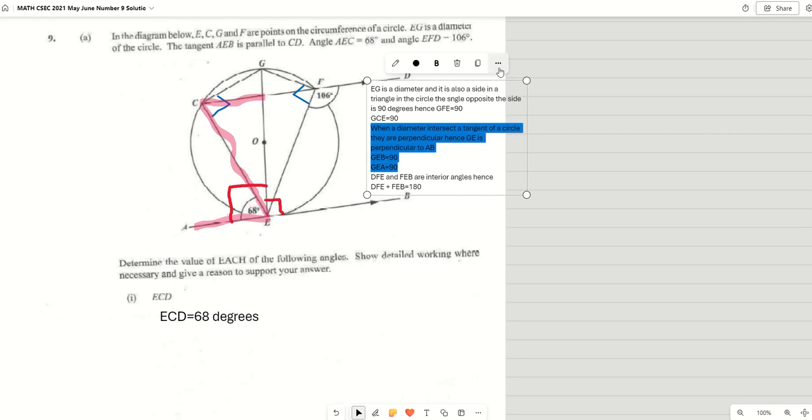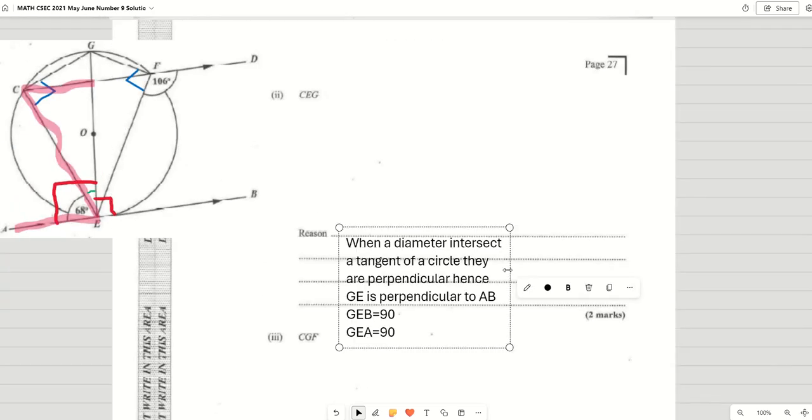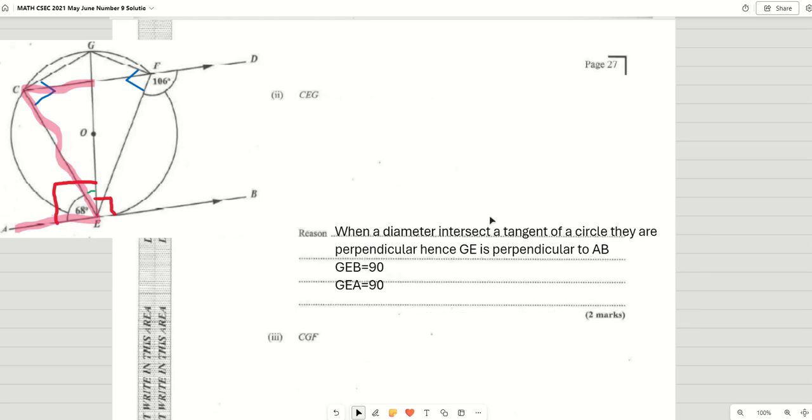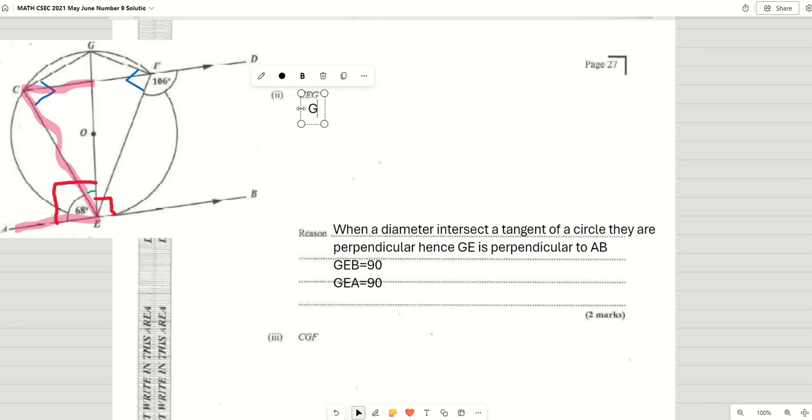So this is one of the reasonings. If we know that GEA is 90, you can say that GEA is equal to CEG plus CEA.